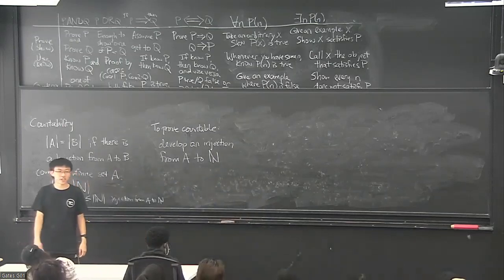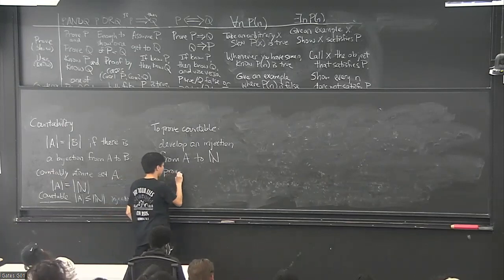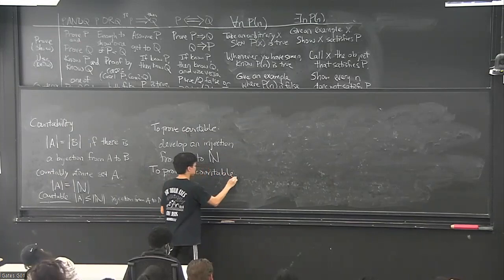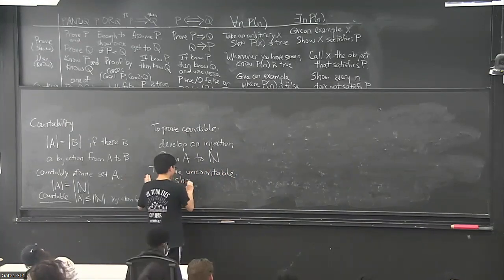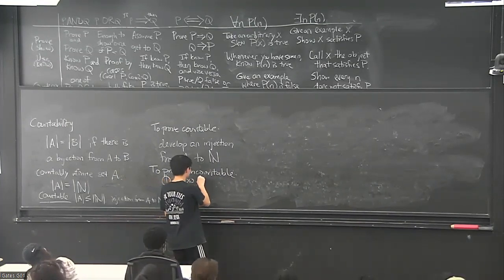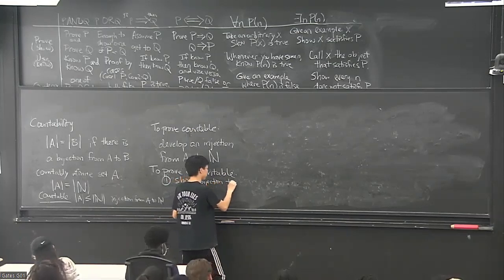To prove something is uncountable, you have two methods. The first is to show a bijection to another uncountable set.